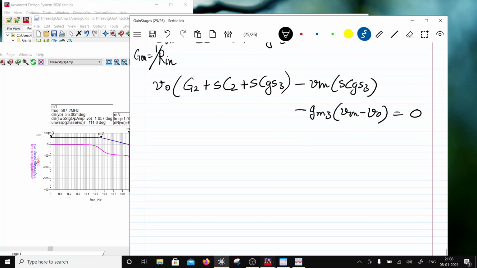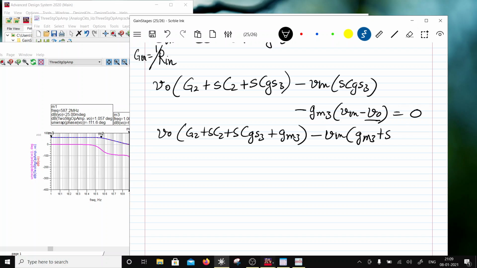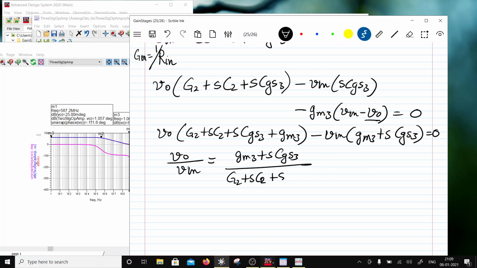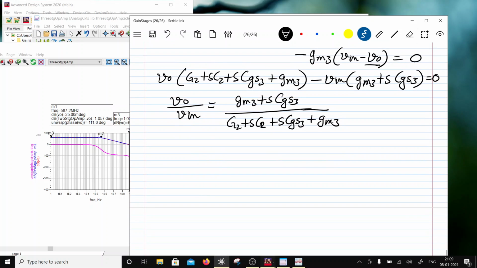Now this is going to give me VO (G2 plus SC2 plus SCGS3 plus GM3) from this term, minus V in times (GM3 plus SCGS3) equal to 0, or I can say VO by V in is equal to (GM3 plus SCGS3) divided by (G2 plus SC2 plus SCGS3 plus GM3).